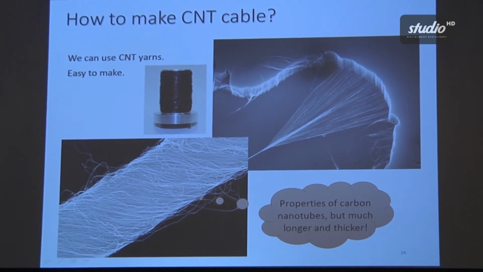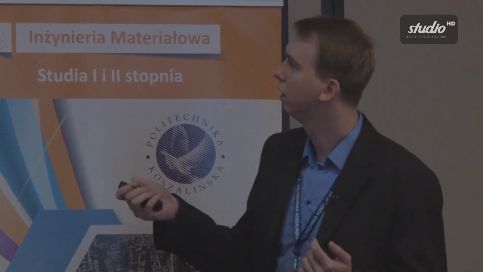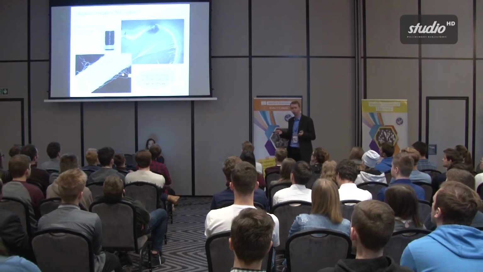But using such a wire, we will decrease the properties of the individual carbon nanotubes a bit. However, in general, this will be much, much longer and stronger than the steel wires that we could possibly use.